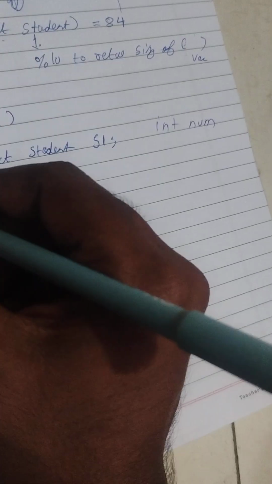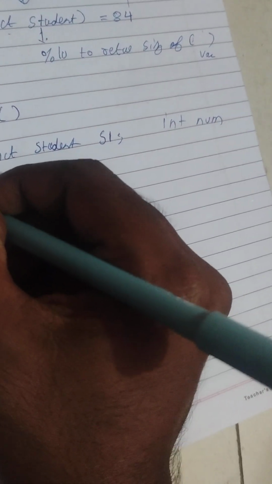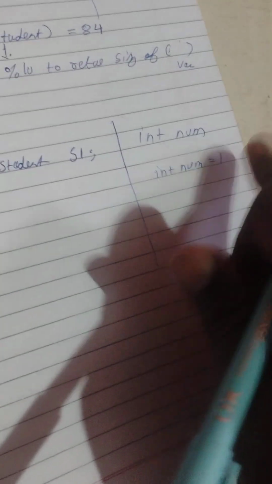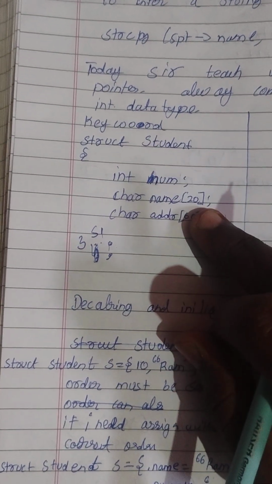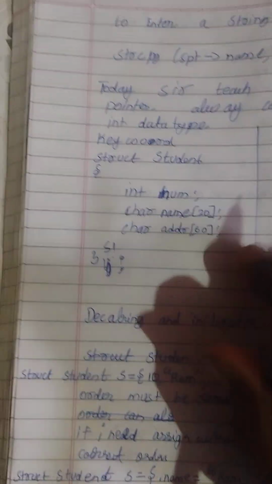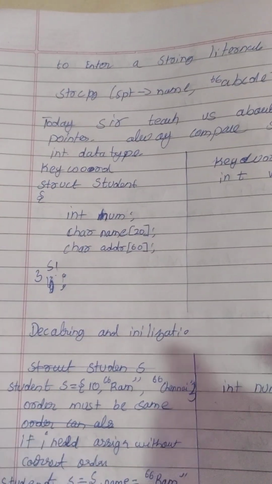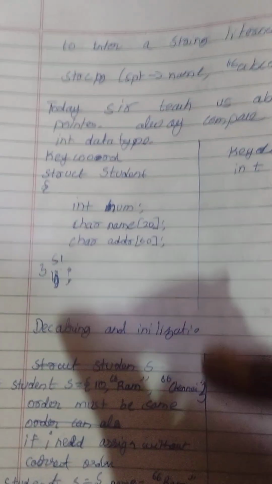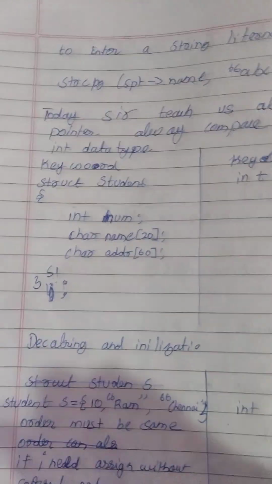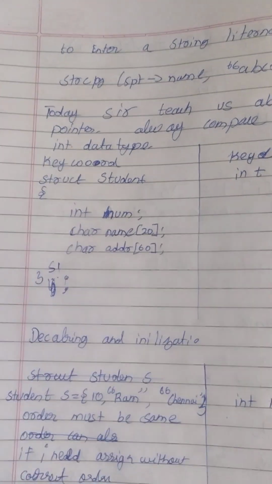How do we initialize num? Int num is equal to 1. Here it is only 1, so no need for more. But here how many data types exist? 1, 2, 3. So at that time we need to initialize these 3 data types. How can we initialize these 3 data types?